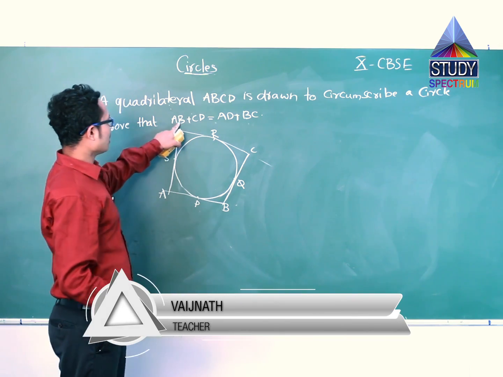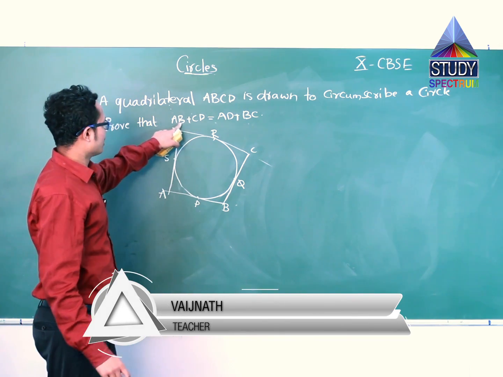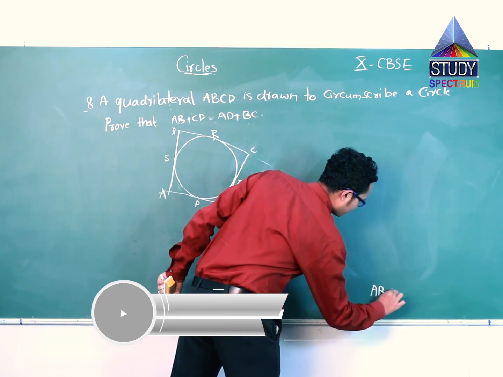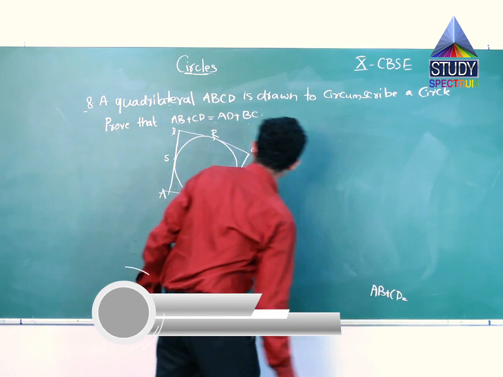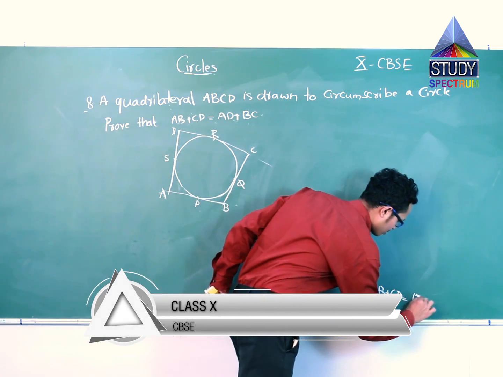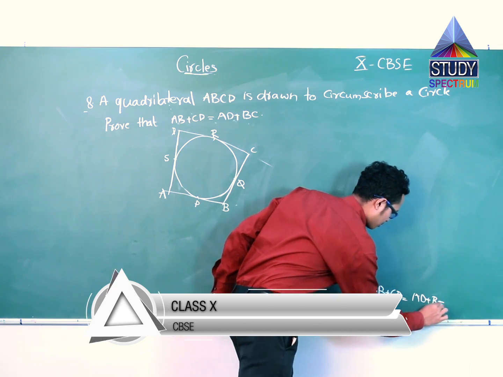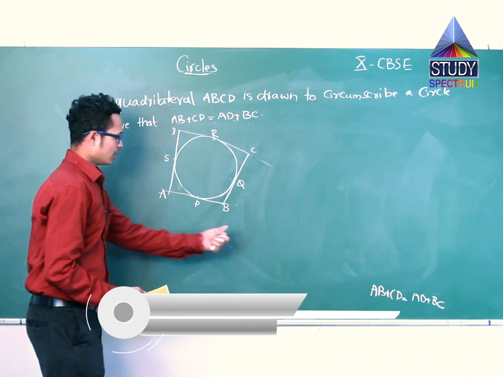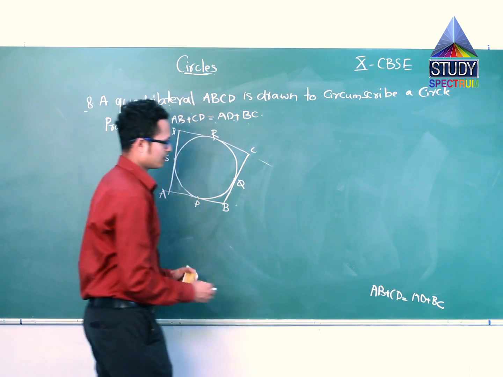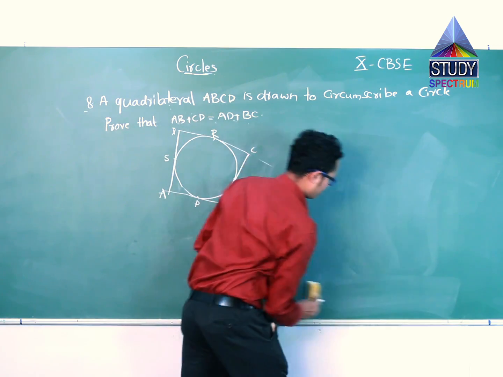Now this can be solved like this. You straight away write here as the answer AB plus CD is equal to AD plus BC. AB is nothing but AP plus BP.